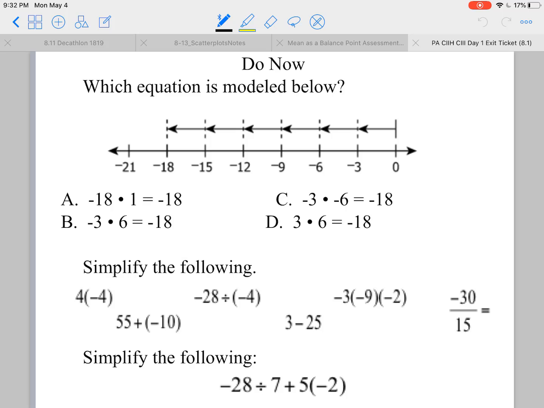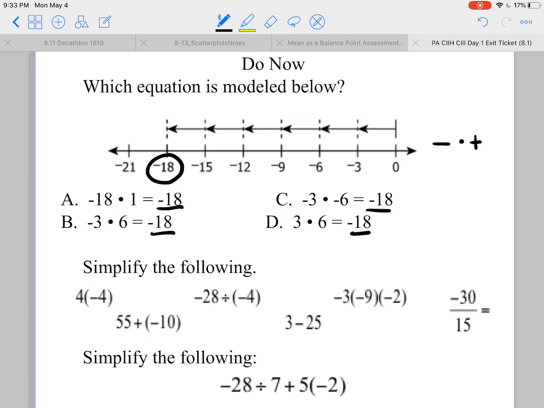Which equation is modeled below? Well, this is multiplication. And we know that we're going to end up at negative 18. Unfortunately, all of our answer choices are there, so that doesn't help us. The next thing I tell students to do with these problems is say, which of these actually gives you negative 18?